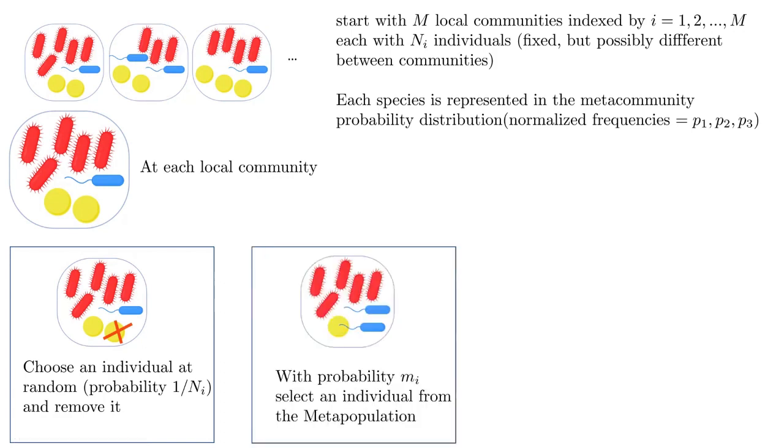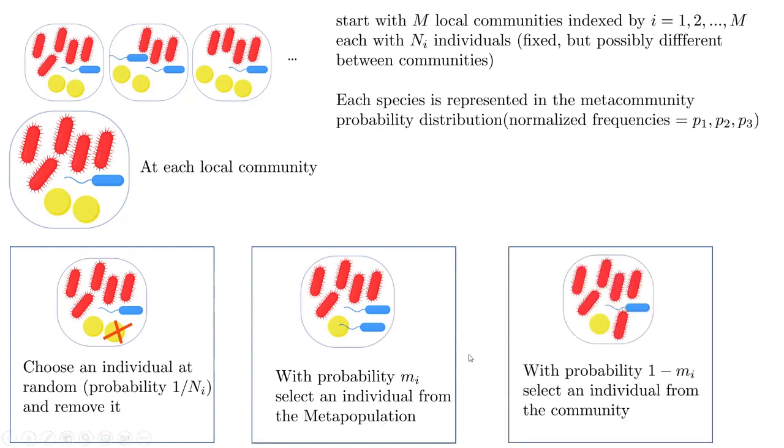So you do this Moran process, and you replace it with either an individual from the metapopulation, with a probability mi, the probability of migration, which is specific for each local community. So you would get an individual from this distribution here.